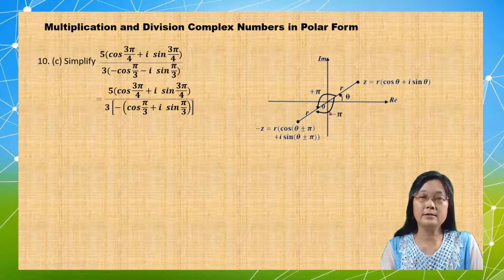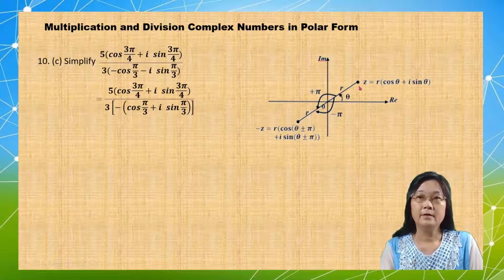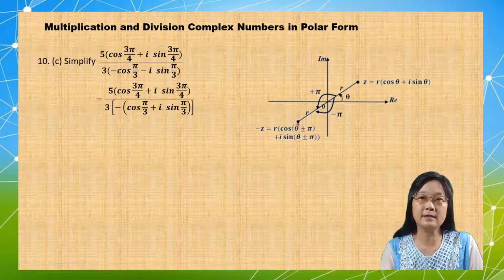look at this diagram. If a complex number z is reflected through the origin, then we will get negative z. So the modulus of negative z is the same as z, but the argument of negative z is equal to theta plus or minus pi.